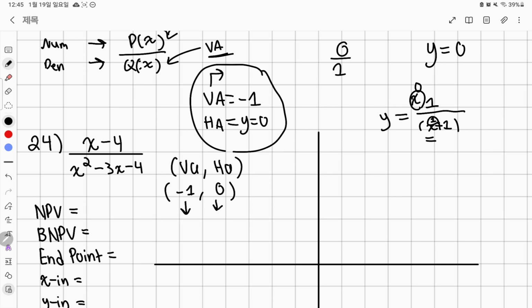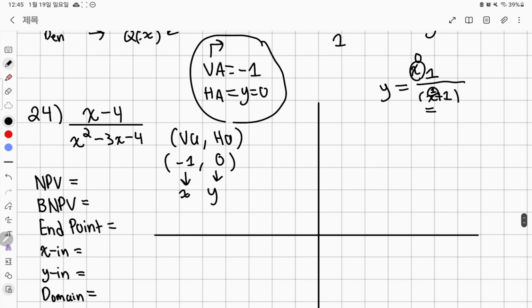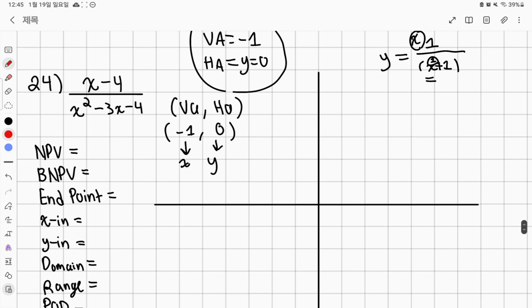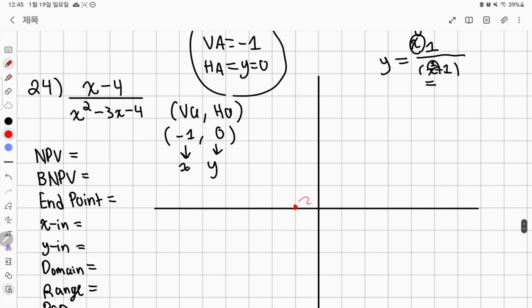And this is also the same thing as x and y. So what we're going to do is indicate where the asymptotes are. Let's first do the vertical asymptote: -1 here. Horizontal asymptote, 0. So what we do, very easy, just draw a straight dotted line here.